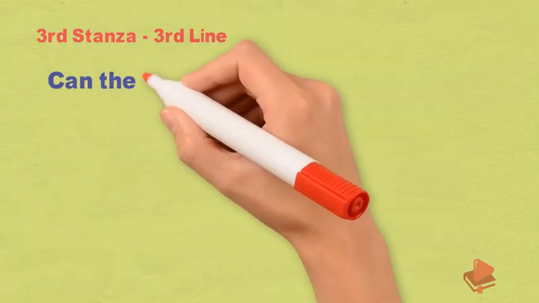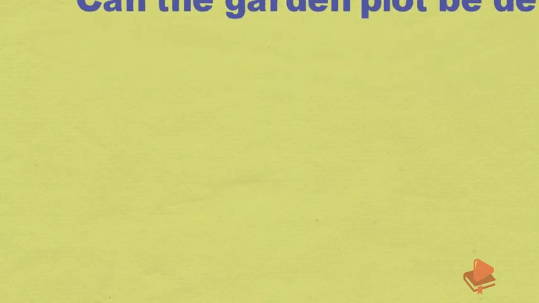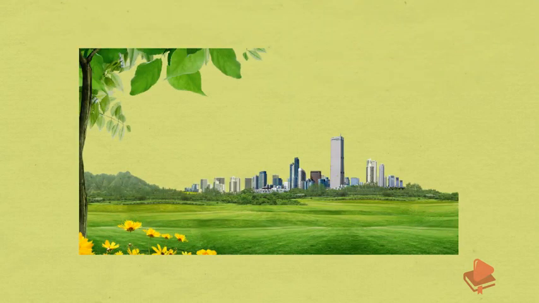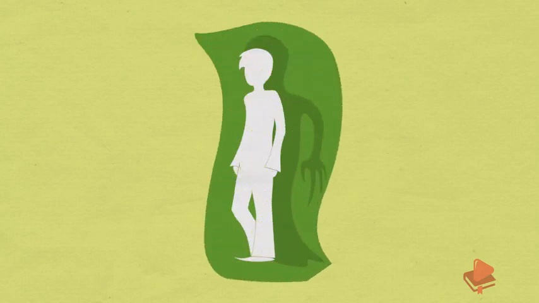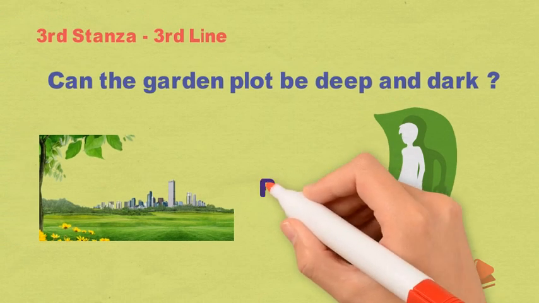Here the poet tells, can the garden plot be deep and dark? In this picture you can see the plot of a garden, and on the other side the plot also means that somebody is plotting against you, or somebody is having thoughts or ideas going on in his mind.